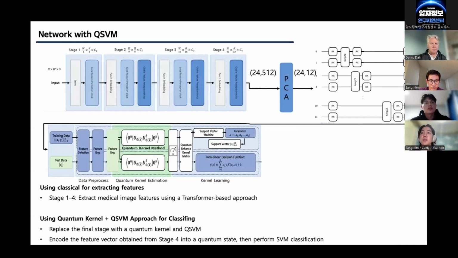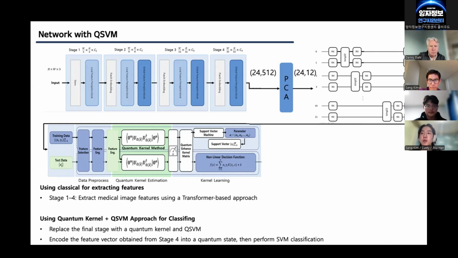The first model we proposed is the hybrid QSVM. It incorporates a hybrid architecture using a quantum kernel trick with a classical SVM. In this model, we use the classical MedViT version 2 backbone for feature extraction, and replaced only the classification part with the quantum circuit.